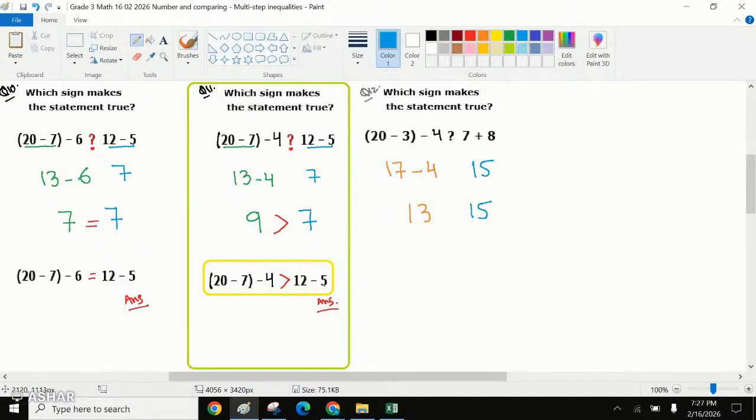We know that 13 is less than 15. Agreed? Therefore, the answer for the final statement would be, once we replace the sign, the left hand side is less than the right hand side. Perfect. Thank you, Ethan.